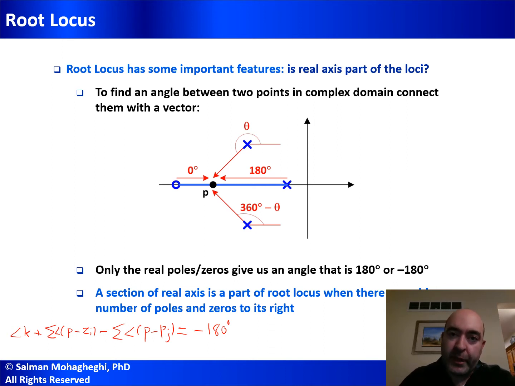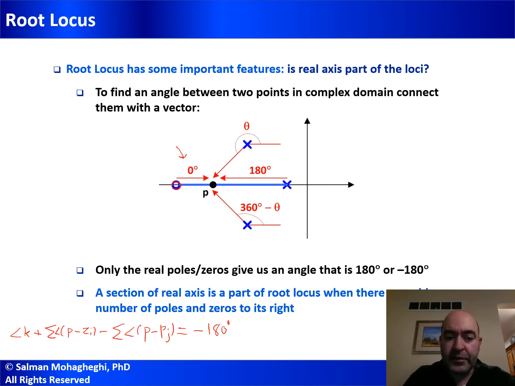Let's consider the zero that I have to the left of point P. In complex domain, if you want to find the angle between 2 points, you probably remember that what you do is you connect them through a vector, and then you find the angle of that vector with respect to the real axis. So if I connect this zero to point P with a vector, the angle of that vector with respect to the real axis is going to be 0.